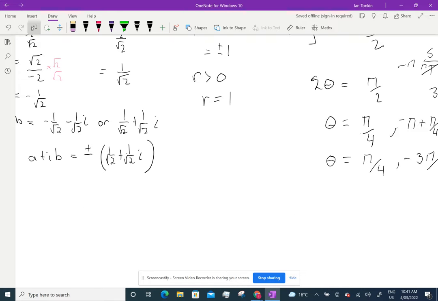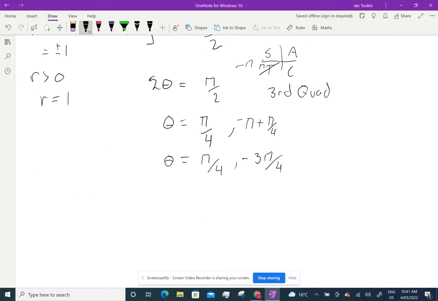Now, remember, we already know our solution. Here they are. But watch this. Therefore, z equals, well, what's our modulus? 1 cis pi on 4.